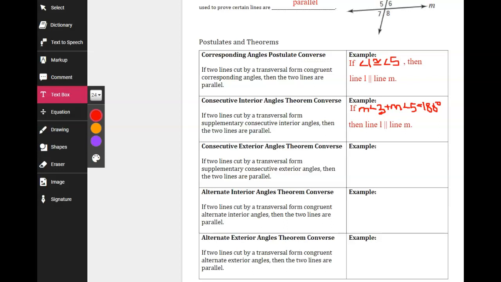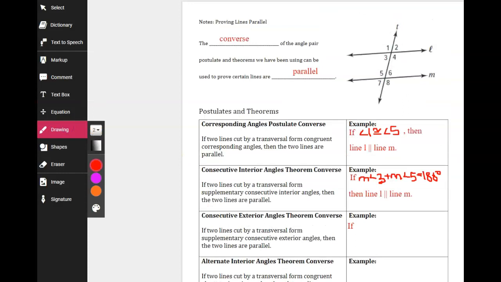So it's the same thing just with the exterior angles that are consecutive. If two lines cut by a transversal form supplementary consecutive exterior angles, then the two lines are parallel. So again, let's pick a pair of consecutive exterior angles. So let's talk about angle 2.